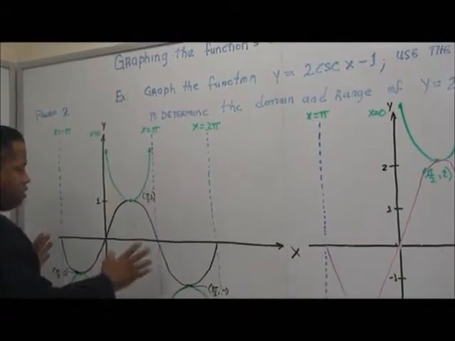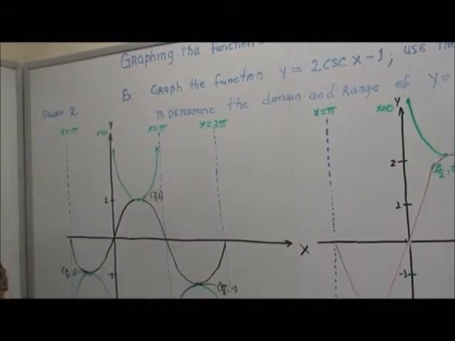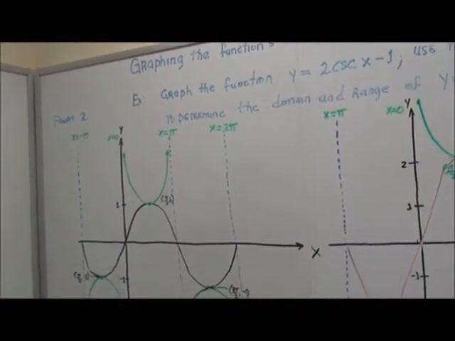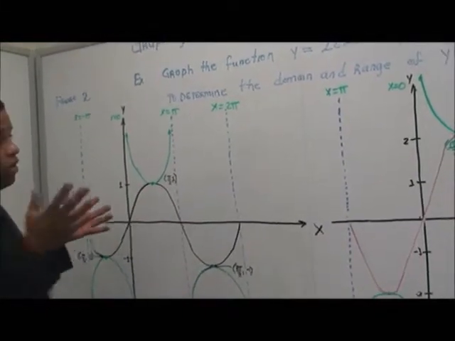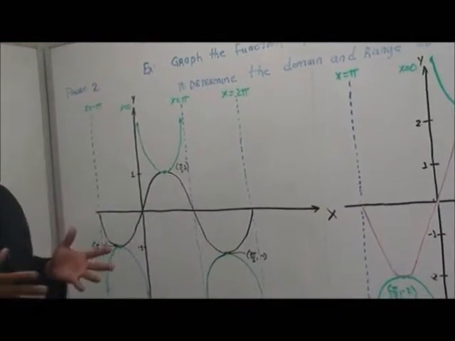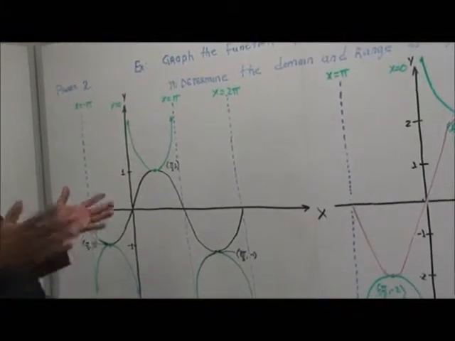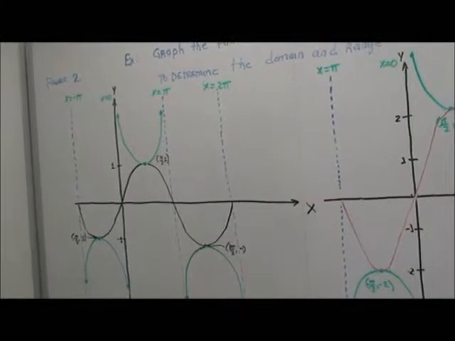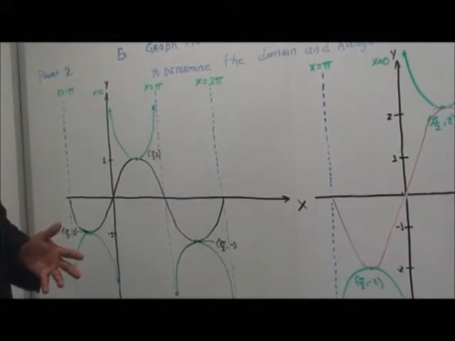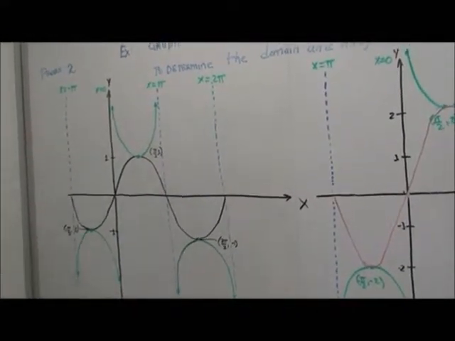So what we're doing, we're basically given a graph of a function. Cosecant is a function, of course, but it's a function that is an inverse of what? Sine function. So sine function and cosecant function are inverses of each other, if you will.